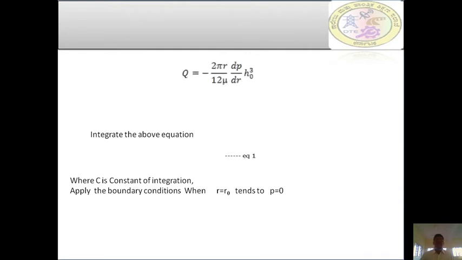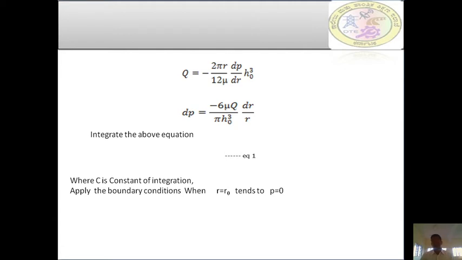After substituting all the values from the previous slide, we get Q equals minus 2 pi r divided by 12 mu into dp by dr into h naught cube. Simplifying this equation, we get dp equals minus 6 mu Q divided by pi h naught cube into dr by r.